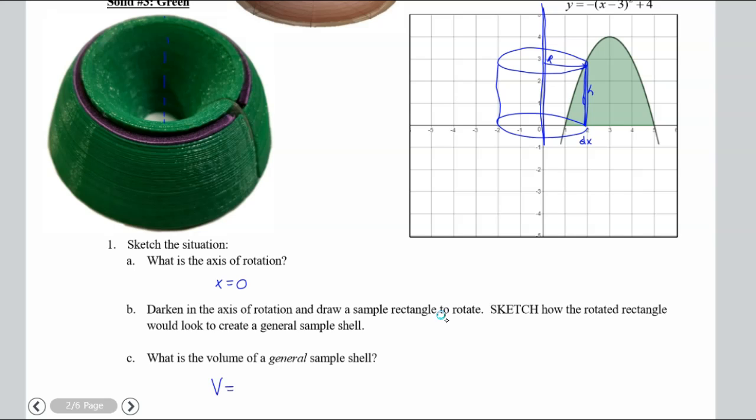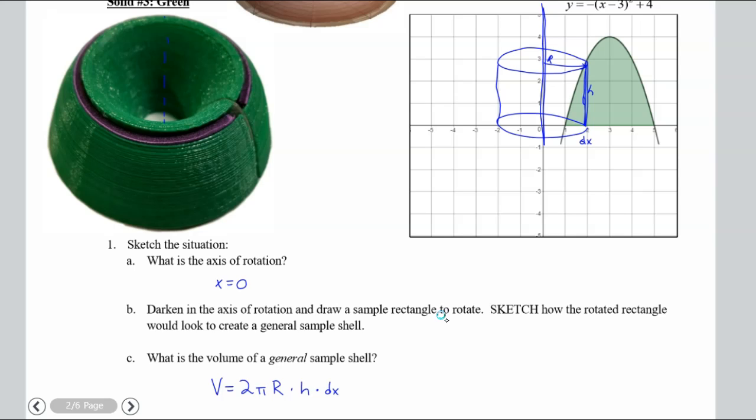If we think about the volume of this, it is always the same: 2 pi r times h. This time it's dx, so we'll use dx. Then we just need to find the value of r and h. For r, how far do I go from the axis out to this rectangle?